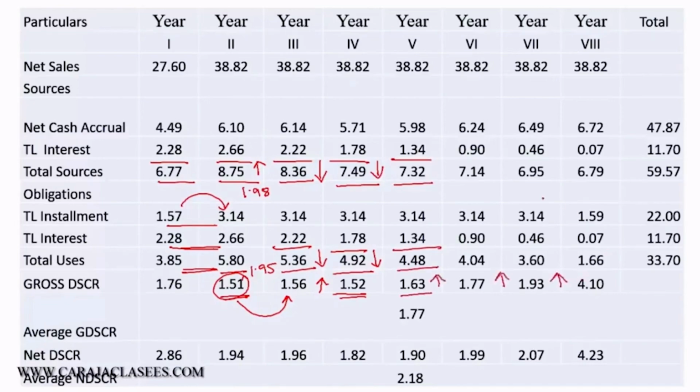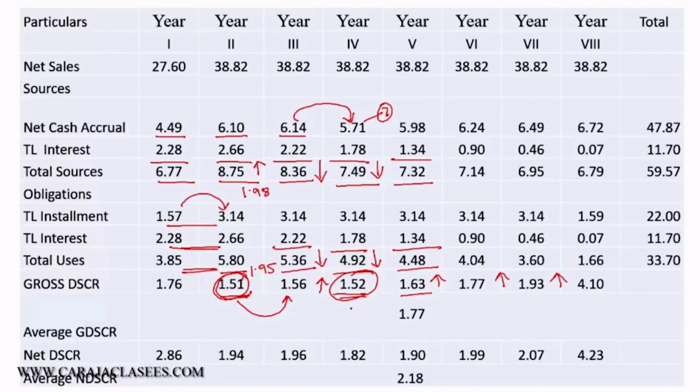So what we should be concerned is whether the net cash accrual is showing a dip. See, from 4.49 it has increased to 6.1, 6.14. From there it had come down to 5.71 in year 4. Why is it coming down? Because DSCR is lowest only at these 2 points, 1.51 and 1.52.